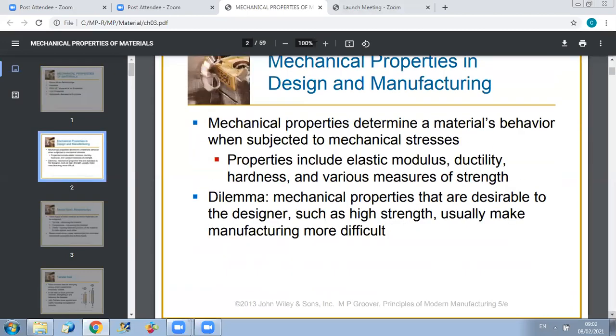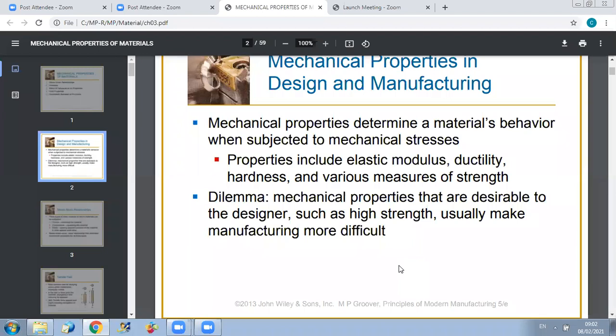Now, mechanical properties are very important to determine the material behavior when subjected to mechanical stress. And in manufacturing, it's very important to know the mechanical properties because we want to change the geometry or change the properties of a certain product to end up with a final product.